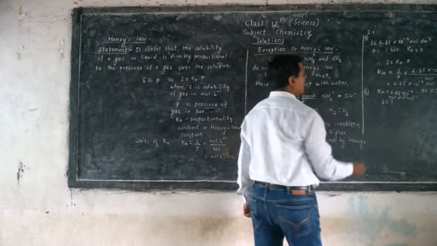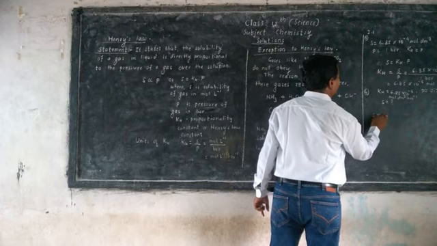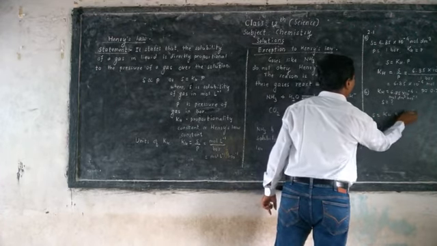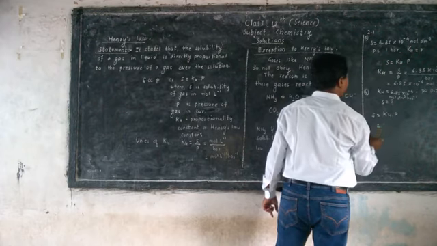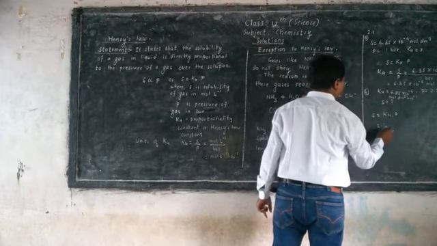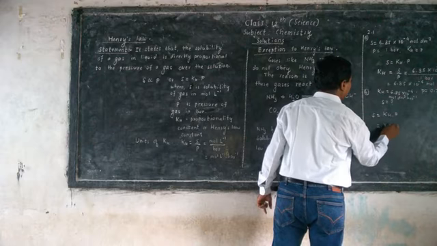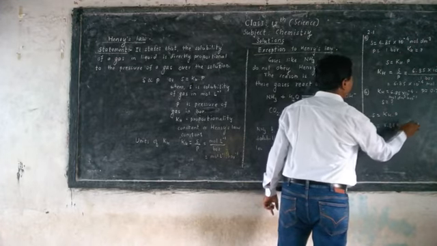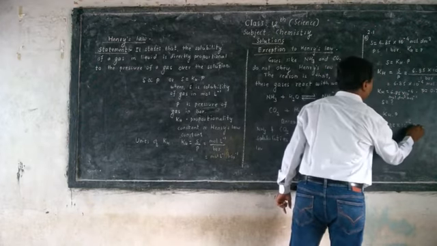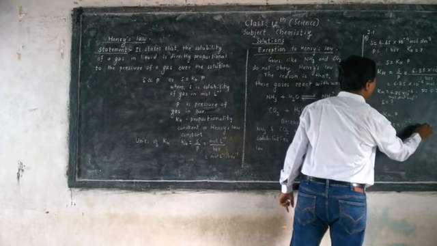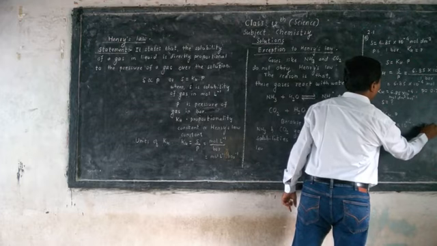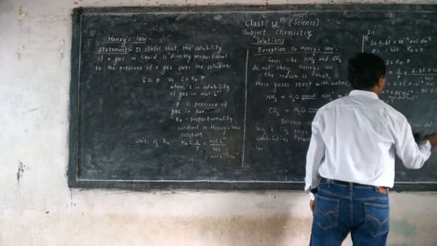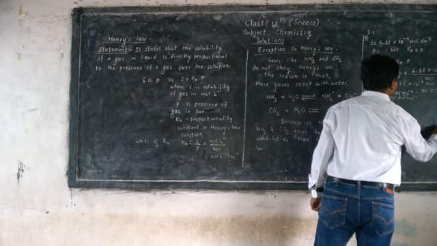So find solubility. According to Henry's law, S equals Kh into P. So put here value of Kh, 6.85 into 10 raised to power minus 4 mole per decimeter cube per bar.